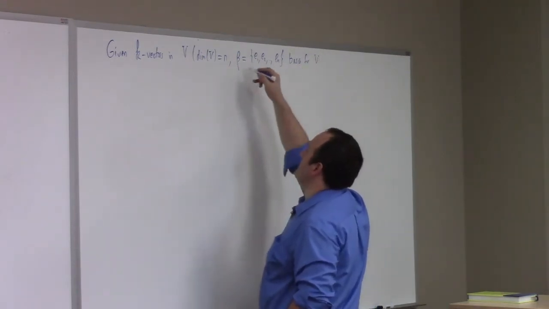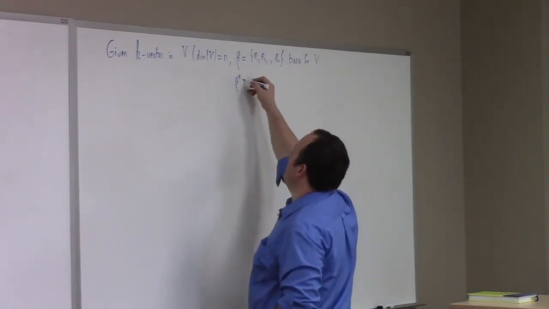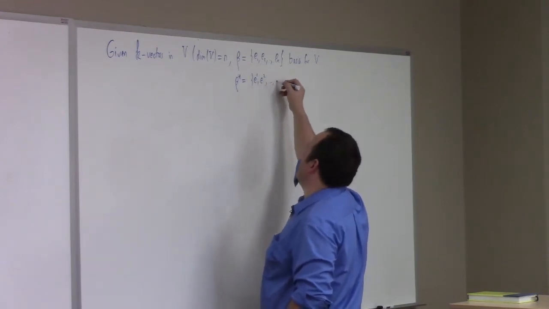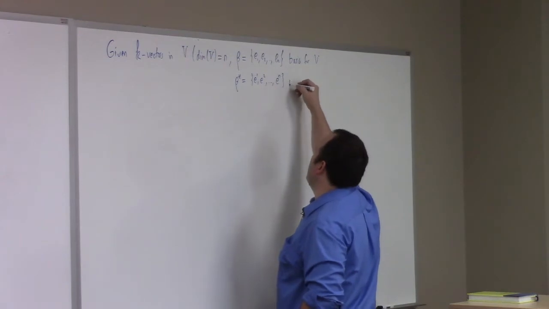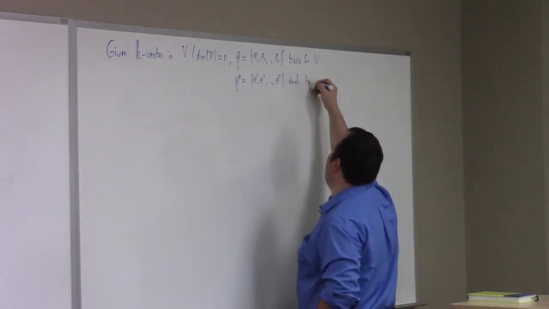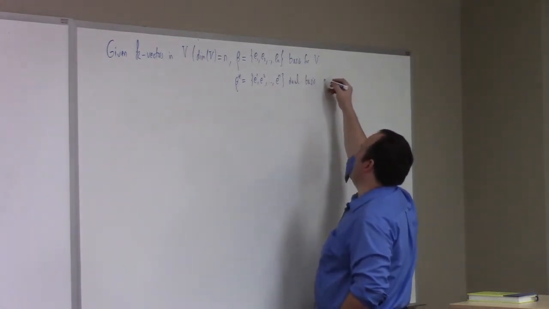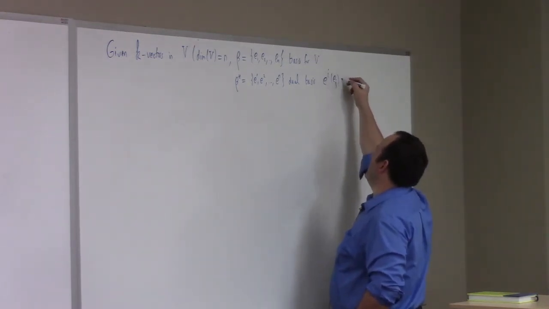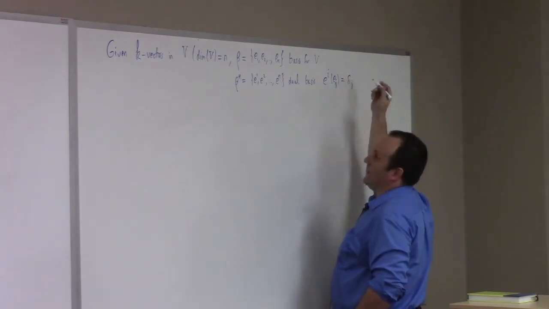Then beta star, e upper 1, e upper 2, ..., e upper n, is the dual basis. And we had e upper i applied to e sub j equals the Kronecker delta ij, all right?